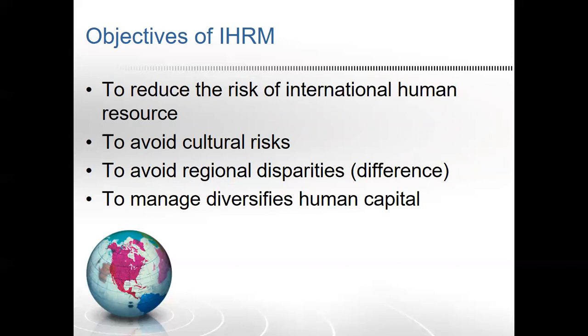This is basically to reduce the international human resource risks, to avoid the various cultures which can at times be risky, to avoid regional disparities, that is differences, to bring integration, and to manage all the diverse human capital.